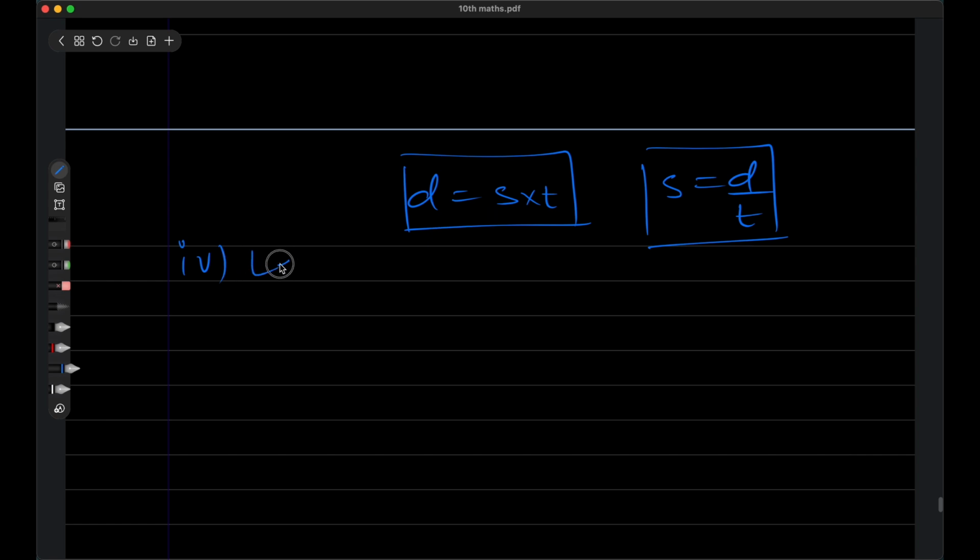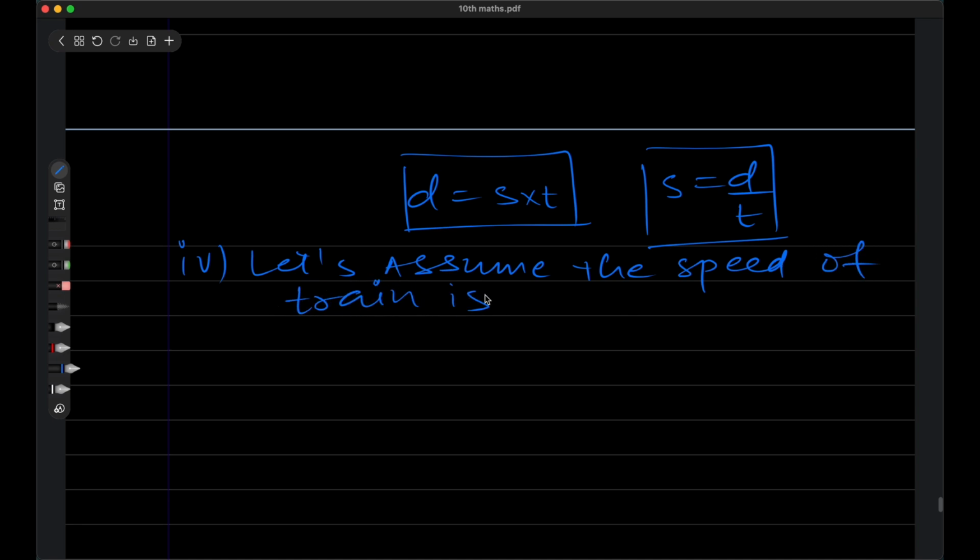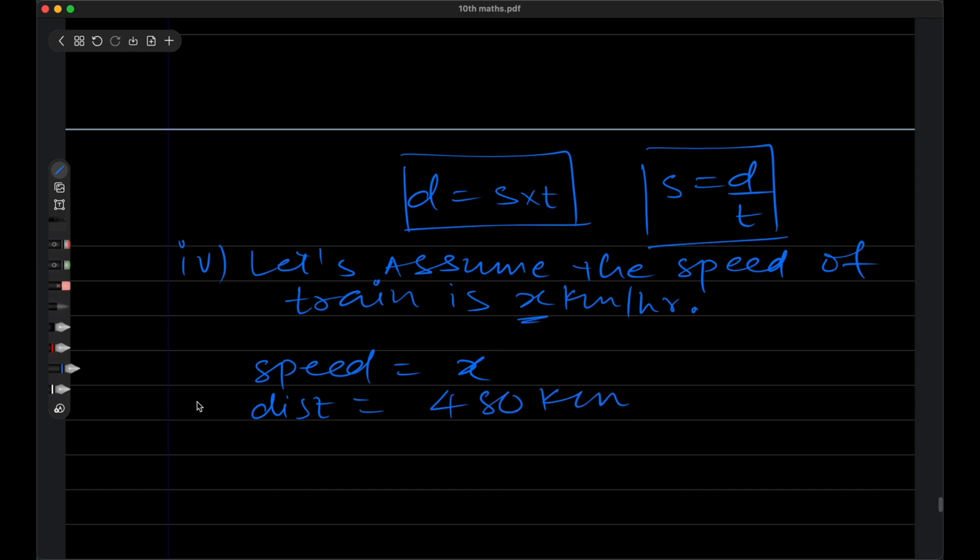Let's assume the speed of the train is x km per hour. We have speed equals x, distance covered 480 km, and let's assume the time taken is t hours.